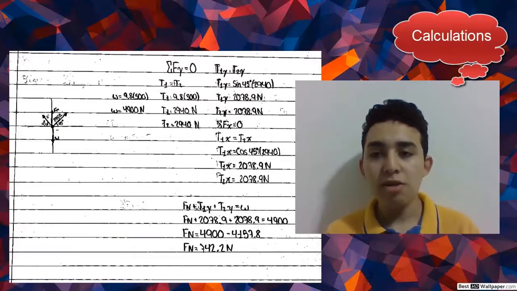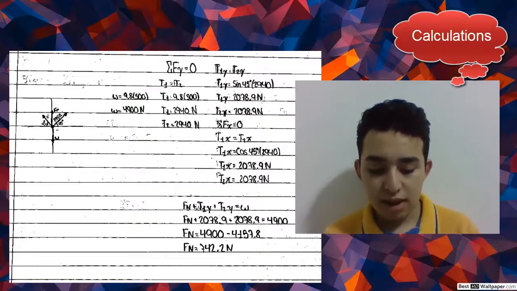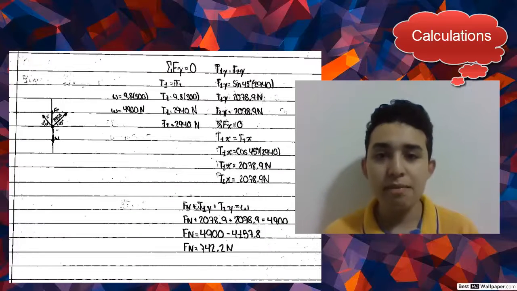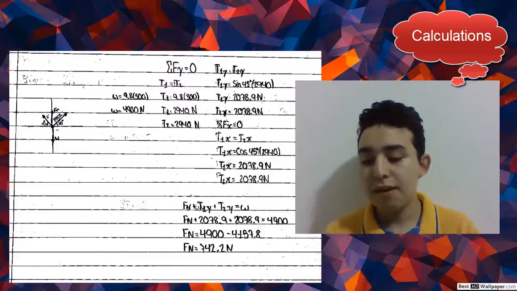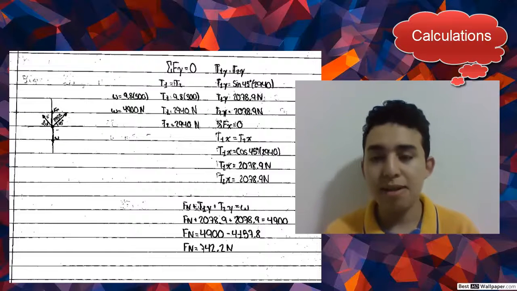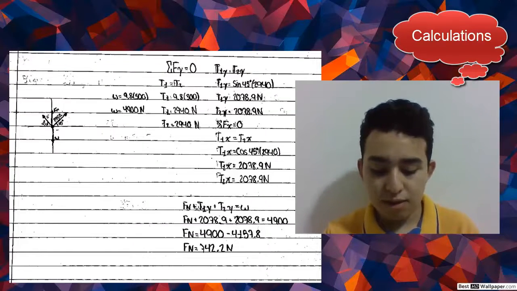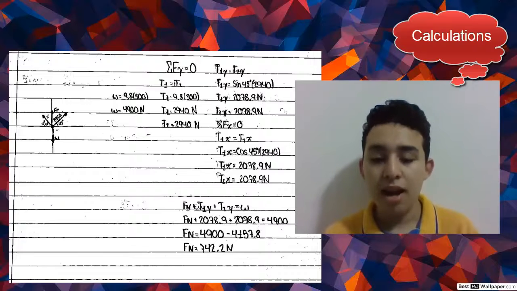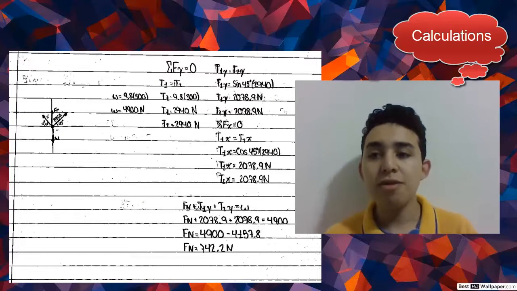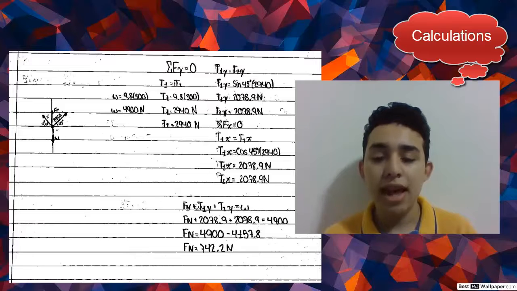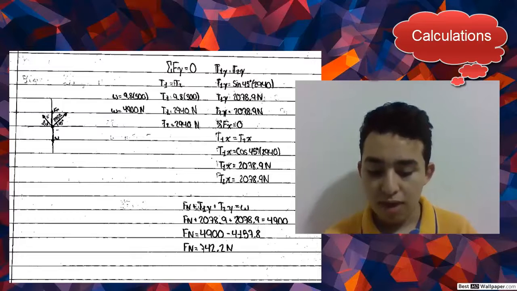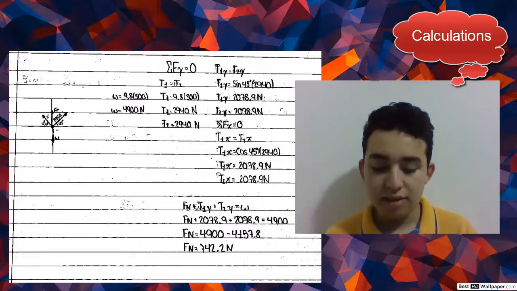For the calculations, first we calculate the weight, that is the gravity multiplied by the mass. The mass of the object is 500 and the gravity is 9.8, so the result is 4,900. The summation of forces in Y and in X are zero, so the tensions are equal.